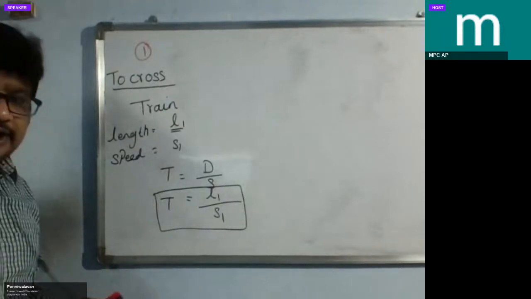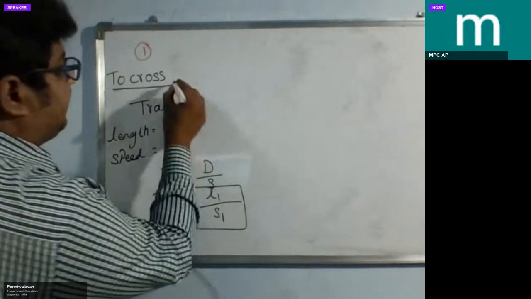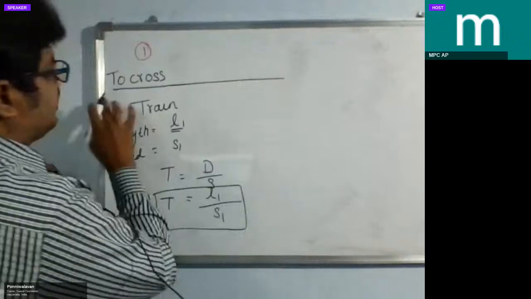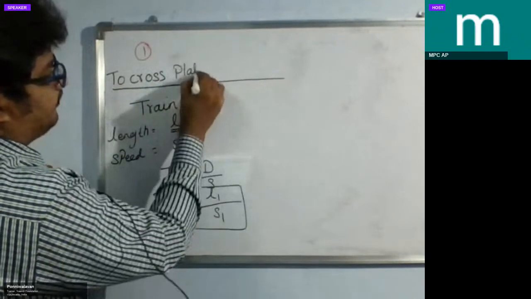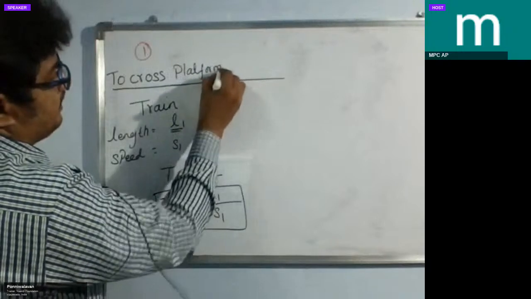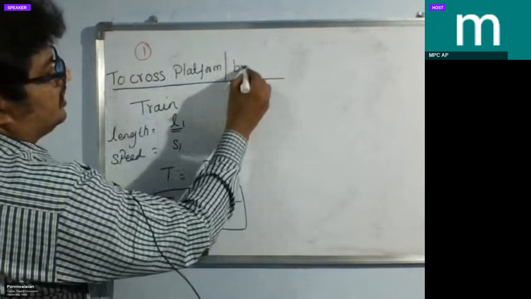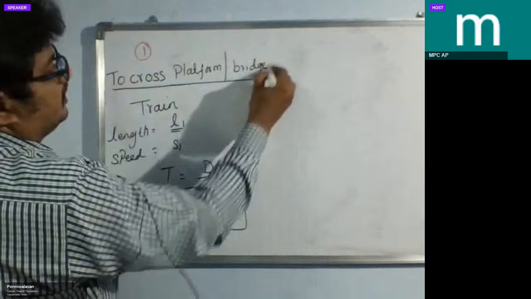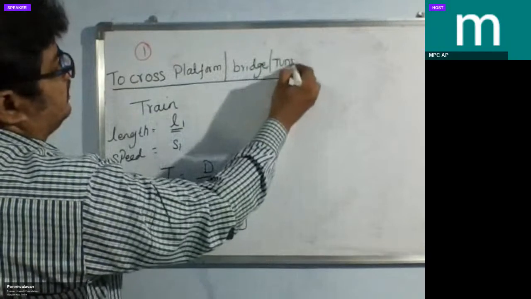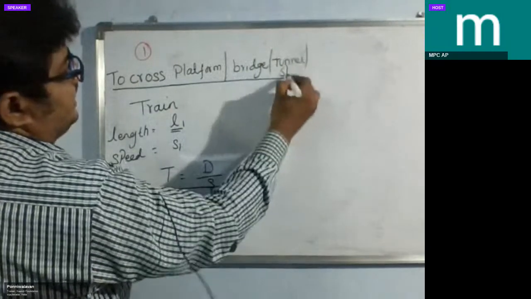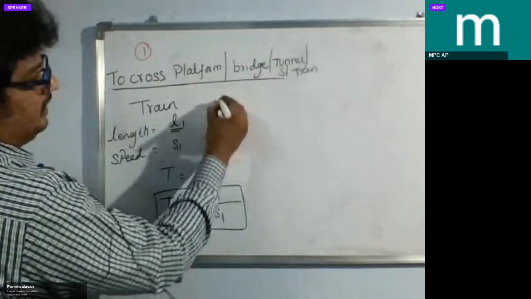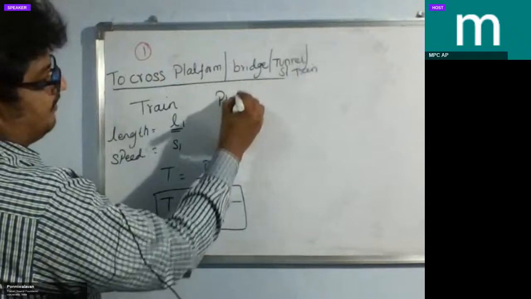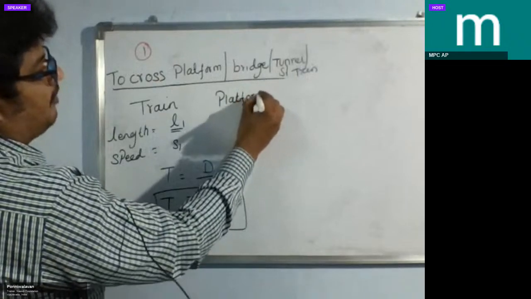Okay, time taken to cross a platform, bridge, tunnel, and standing train. Take one object as an example. I am going to take a platform as an example.